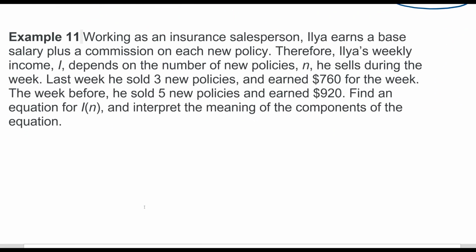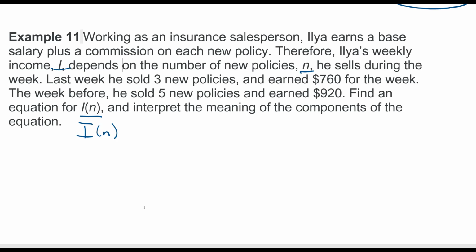Working as an insurance salesperson, Ilya earns a base salary plus a commission on each new policy. Therefore, Ilya's weekly income, I, depends on the number of new policies, n. So I is a function of n, the new policies n that he sells during the week.